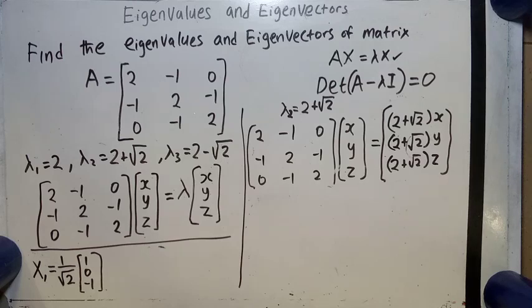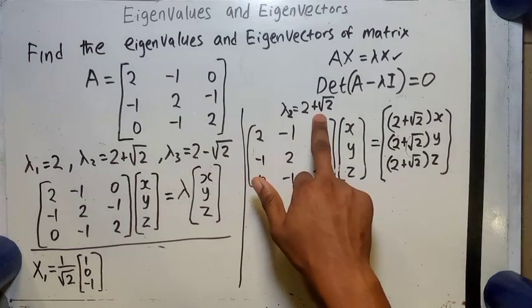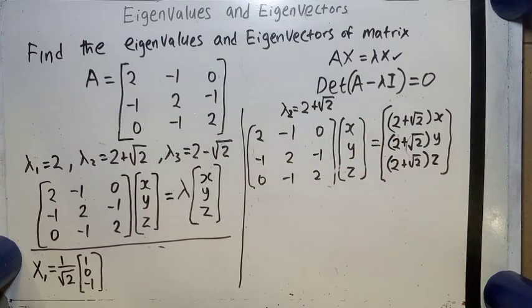Hope you understood what we did. We're still using this formula to get our eigenvector. Now we're just substituting our lambda with this value, and we're having this.